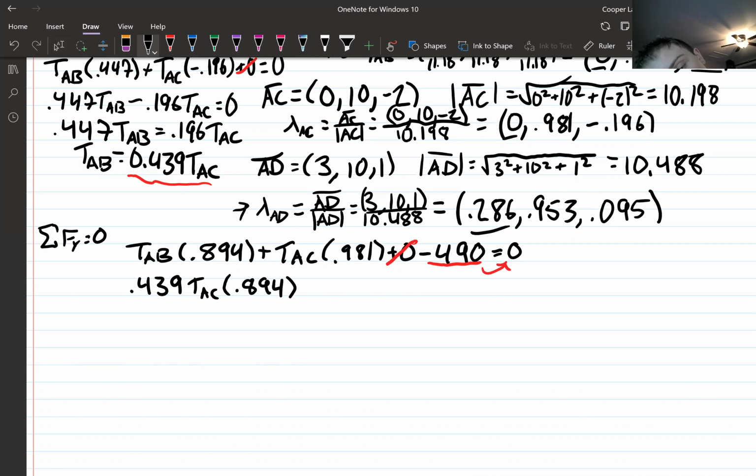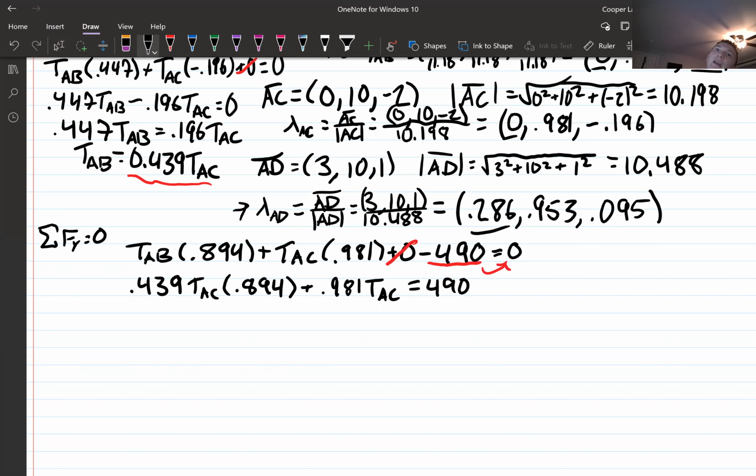And then I'm going to add that to 0.981 TAC. And this equals 490. So I'm going to multiply out my 0.439 and my 0.894, and then I'm going to add it to my 0.981.